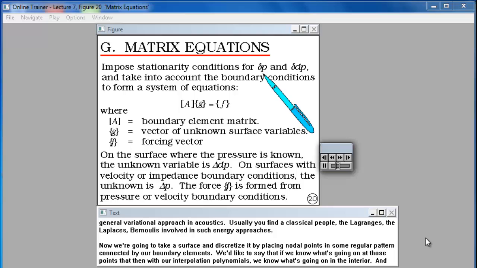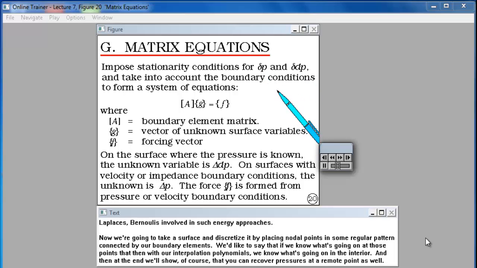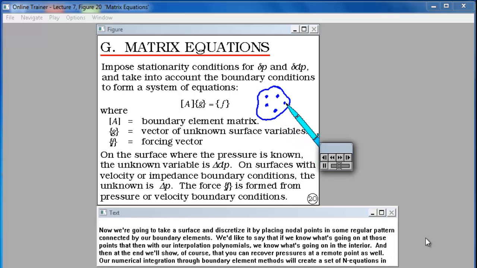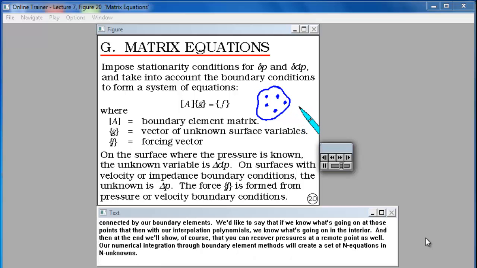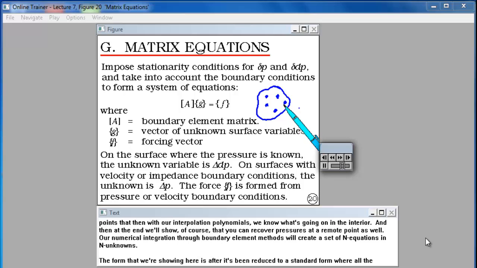Now we're going to take a surface and discretize it by placing nodal points in some regular pattern connected by our boundary elements. We'd like to say that if we know what's going on at those points, that then with our interpolation polynomials we know what's going on in the interior. And then at the end we'll show, of course, you can recover pressures at a remote point as well. Our numerical integration through boundary element methods will create a set of n equations in n unknowns.